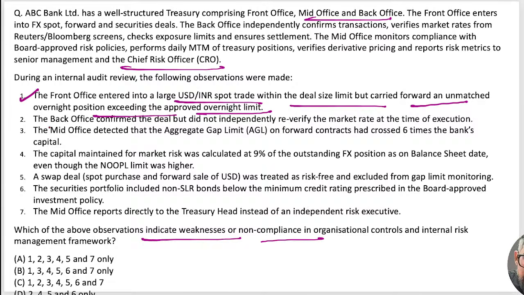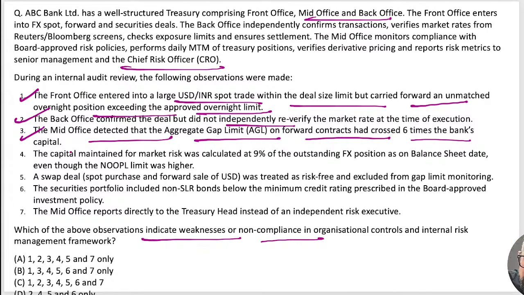The second case is the back office confirmed the deal but did not independently re-verify. Again, this is a failure of compliance and it indicates weakness in the system. Third one: mid office detected that the aggregate gap limit on forwards has crossed 6 times the bank capital.